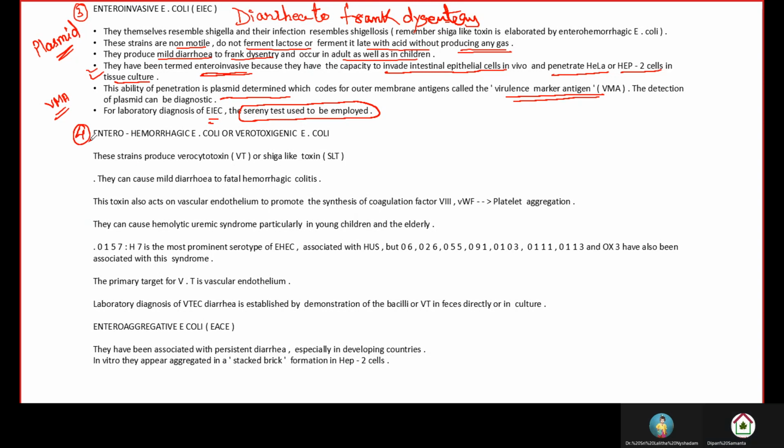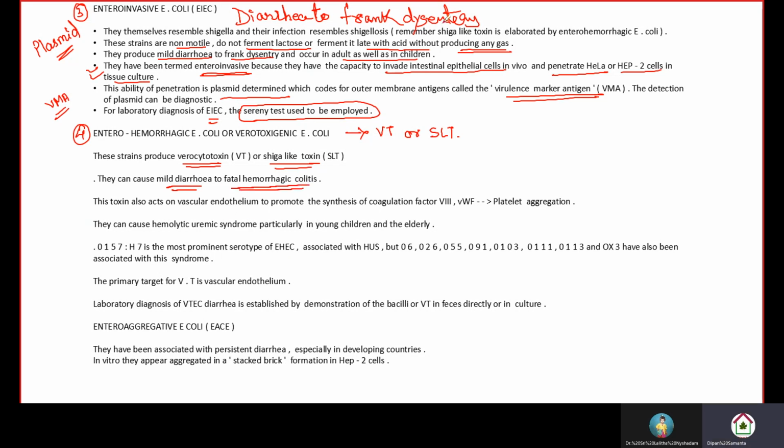Number 4, enterohemorrhagic E. coli. These strains produce verocytotoxin or Shiga-like toxin. These strains produce VT or SLT. They can cause mild diarrhea to fatal hemorrhagic colitis.